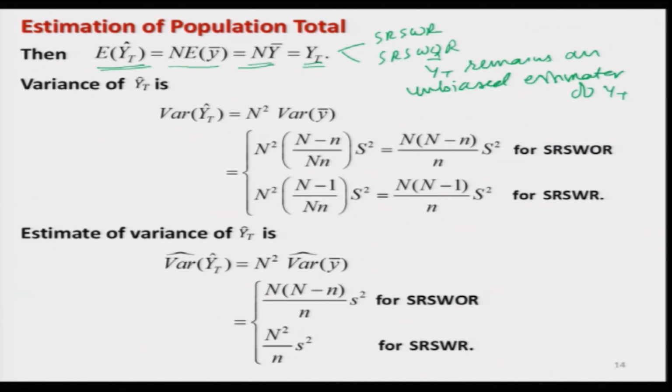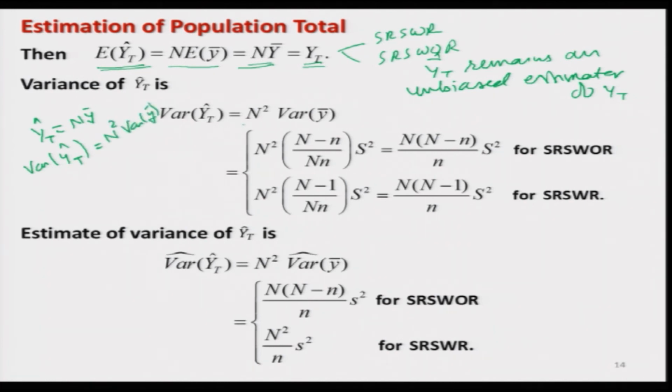Now, if you want to find the variance or the estimate of variance, that is very simple, because you have already established that Y_T hat is equal to N times y bar. So, the variance of Y_T hat is the same as N square times the variance of y bar.